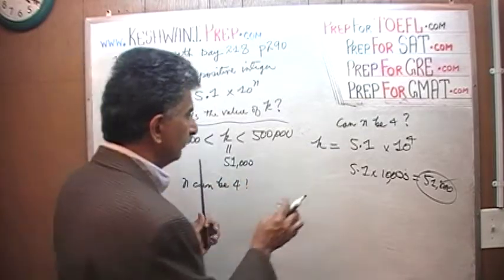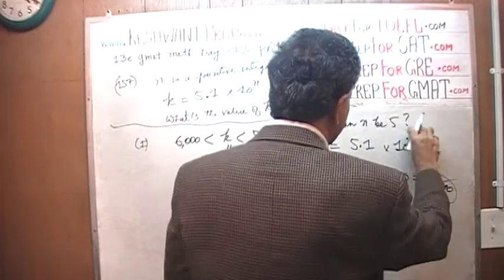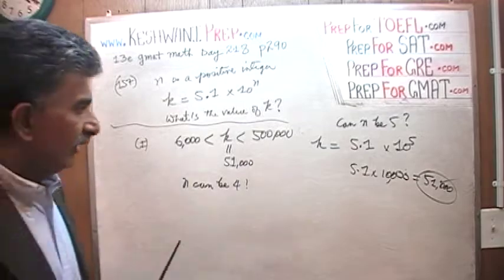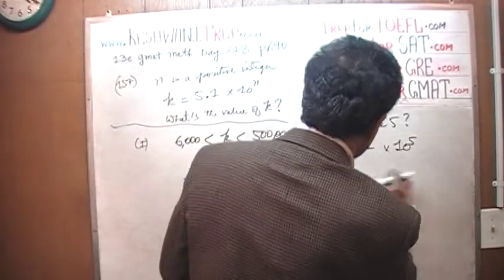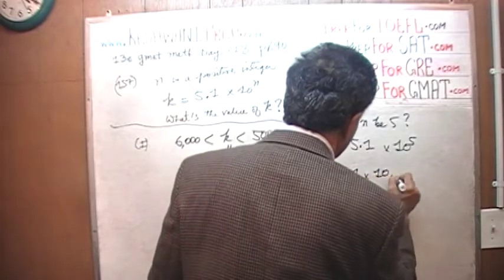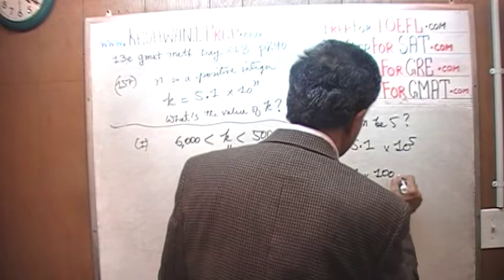Let's continue. Can n be 5? Had it been 5, we would have had 5.1 times 10 raised to 5, which would be the same as 5.1 times 100,000. We need 5 zeros.